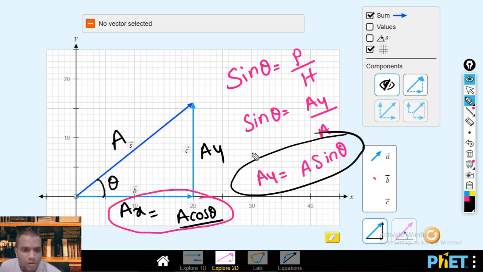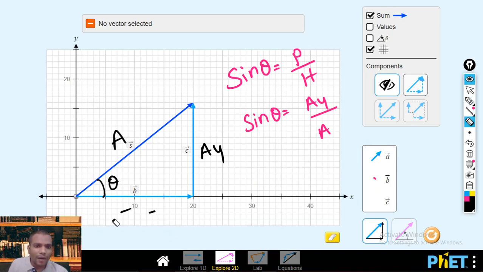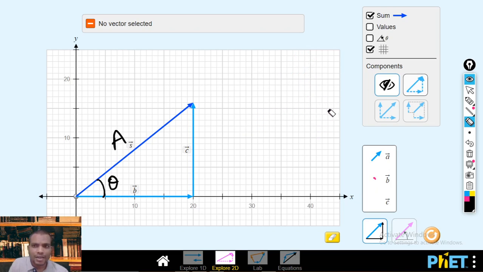Now, in components, that vector we can write as ax equal to a cos theta and ay equal to a sin theta. Now, how to find the direction of the vector? If a bar is the vector, that vector is resolved into two components, making an angle theta. To find the direction, again I am taking the help of trigonometry. Here I got ax as a cos theta for magnitude and ay as a sin theta.